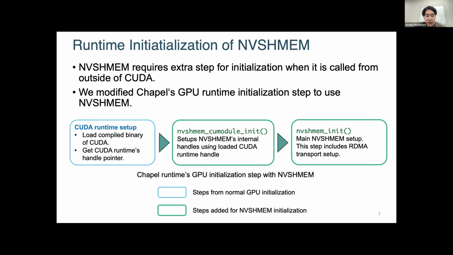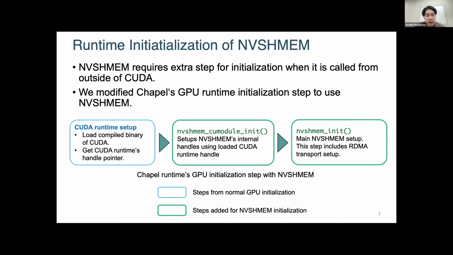Another big challenge is the runtime initialization of NVSHMEM. When we use NVSHMEM from outside of CUDA, in other words, from Chapel, the initialization becomes a bit tricky. To handle this, we extended Chapel's normal GPU runtime setup by adding two extra steps.